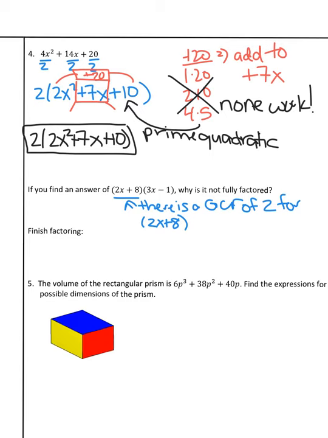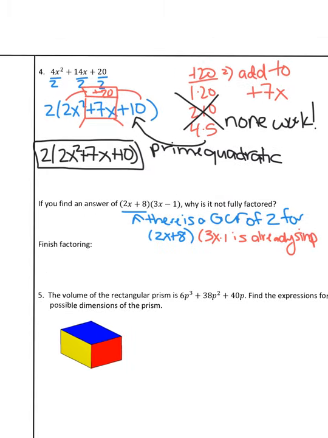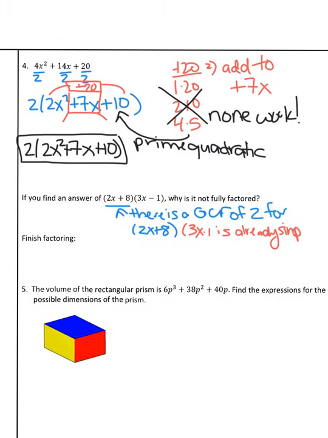And just to emphasize here, we could put in parentheses here, 3x minus 1 is already simplified, right? This one's already, let me move this over just a little bit so I can finish writing this word. Simplified. So I put the D in there. There we go. Can't fit the parentheses though. Pretend there's parentheses there. All right, so 2x plus 8 has a GCF that can come out.